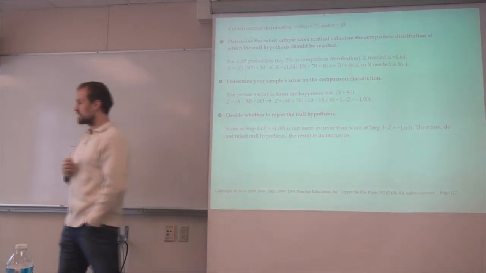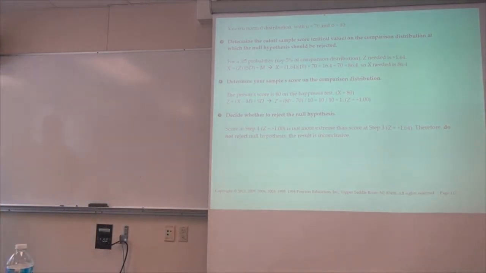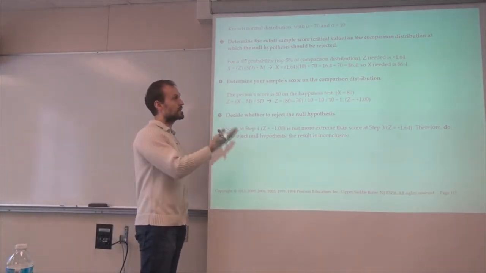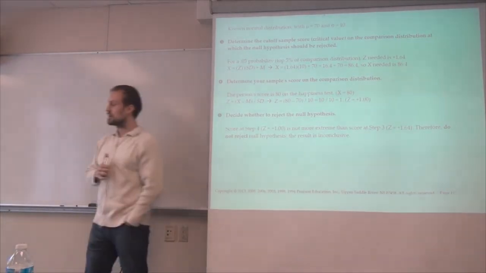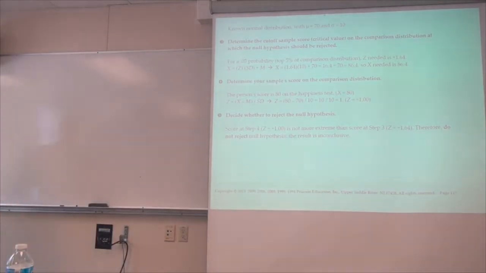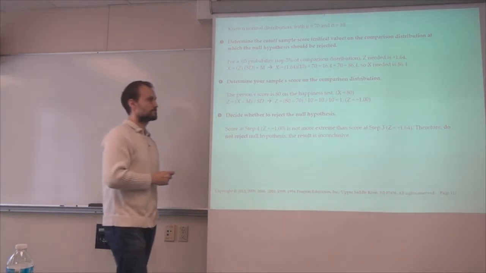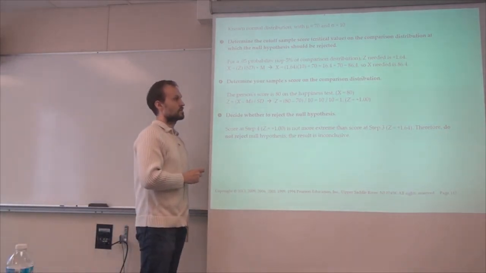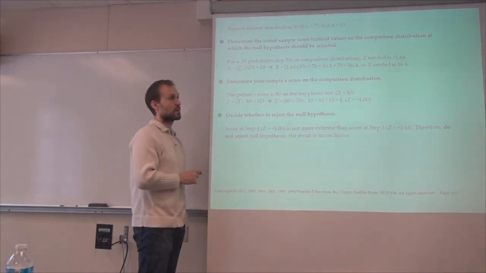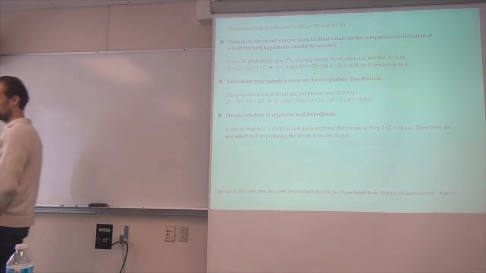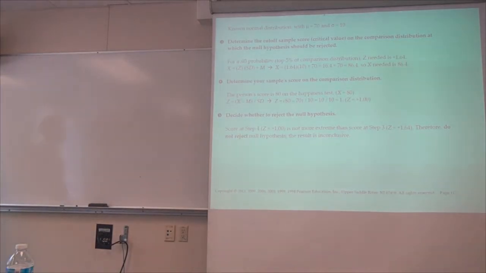We can't say that we accept the null hypothesis. The evidence is just not strong enough. It might still be true, but based on my sample of a score of 80, it's just not enough to say, yes, I accept the research hypothesis that people are happier. It's just not good enough, because it could just be a randomly happy person. Anyway, the evidence isn't strong enough.